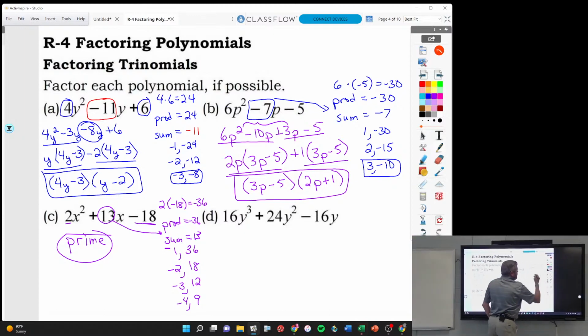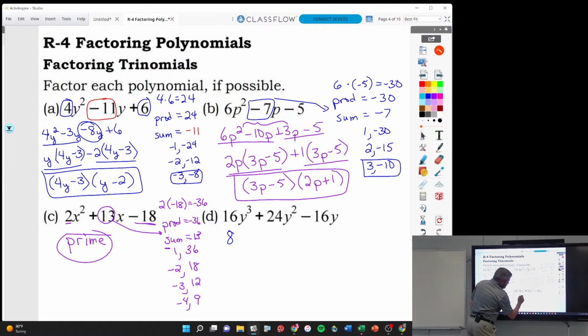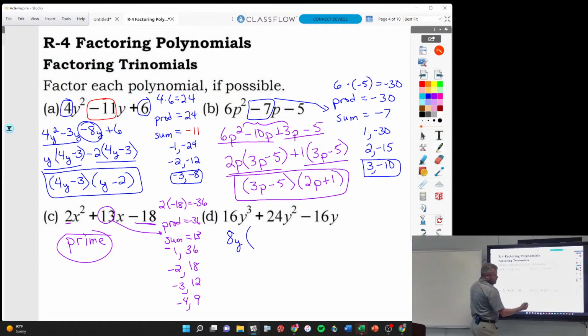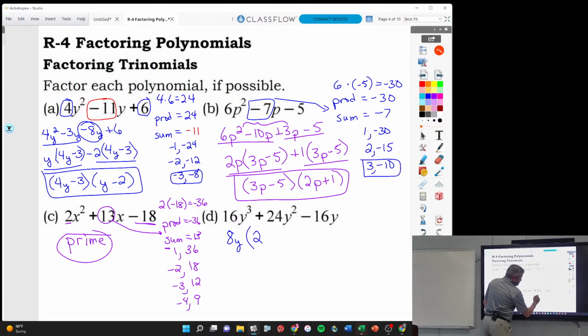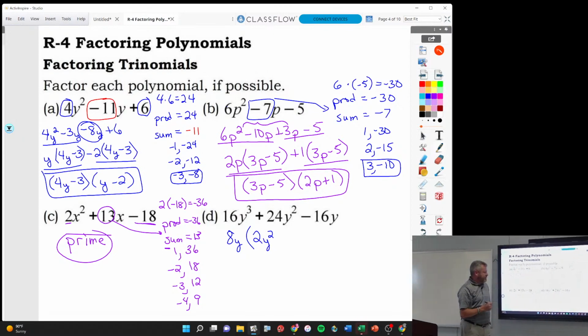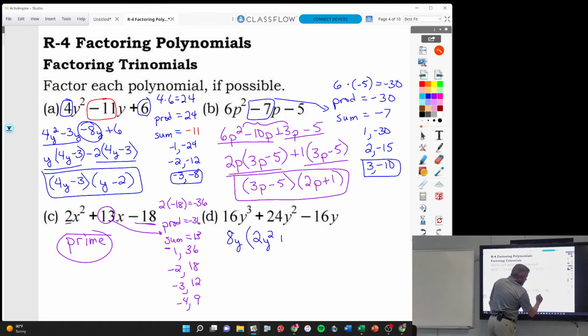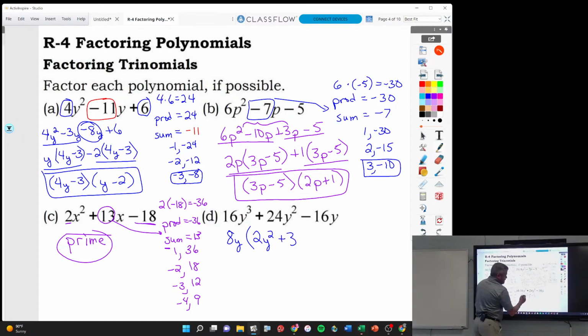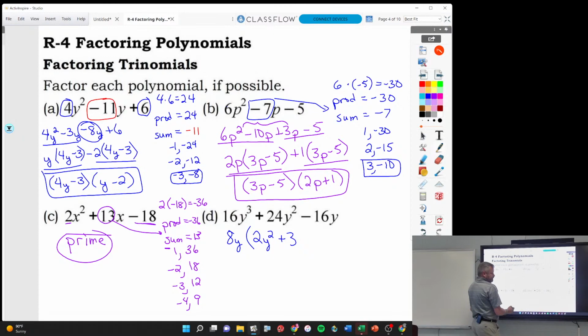So I will start by factoring out an 8y. If I take an 8y out of 16y cubed, I'm left with 2. 2 times 8 is 16. Y squared times y is y cubed. If I take an 8y out of a positive 24y squared, I'm left with a positive 3. 8 times 3 is 24.